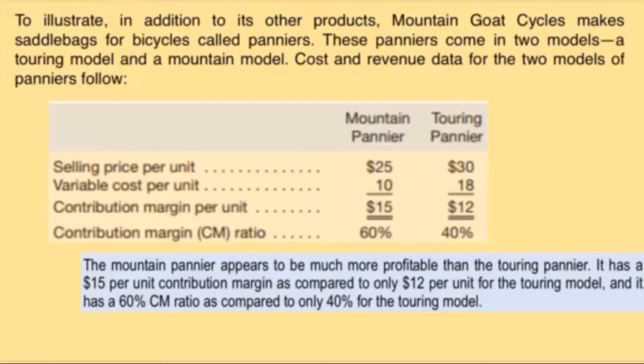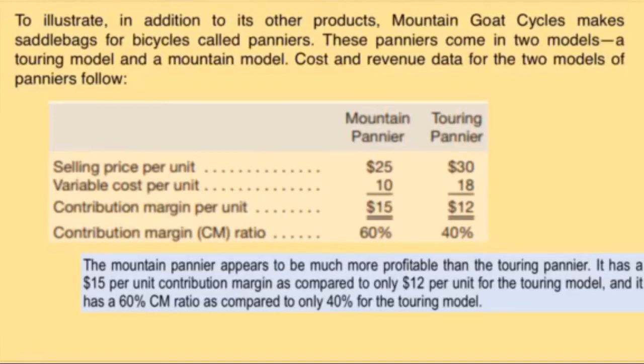So we have here the mountain pannier, 25 minus 10, we have $15 for the contribution margin per unit. And for the touring pannier, we have here $12, which is 30 minus 18. And for the contribution margin ratio, we have 60% for the mountain pannier, and for the touring pannier, we have 40%.